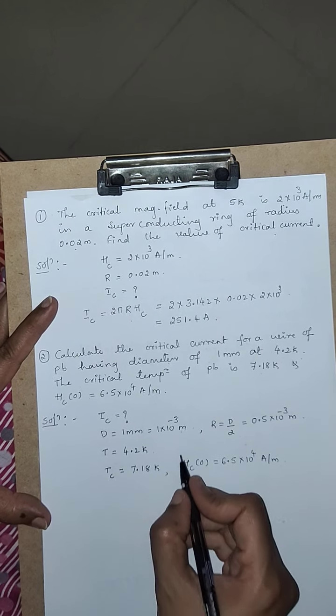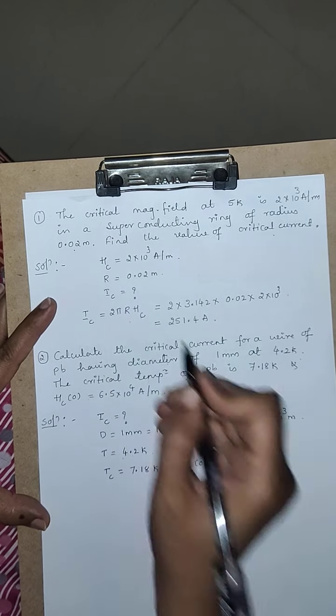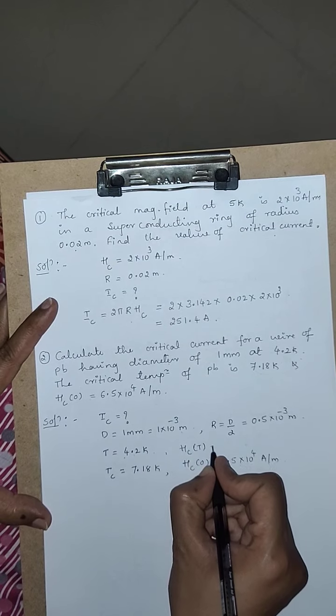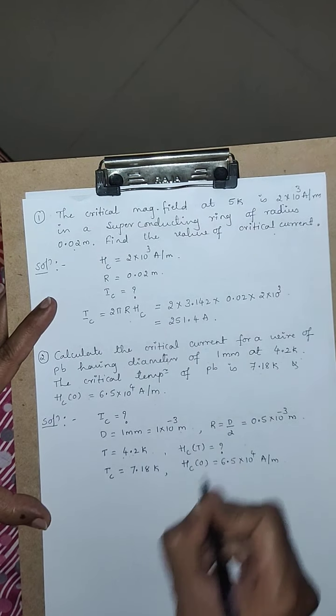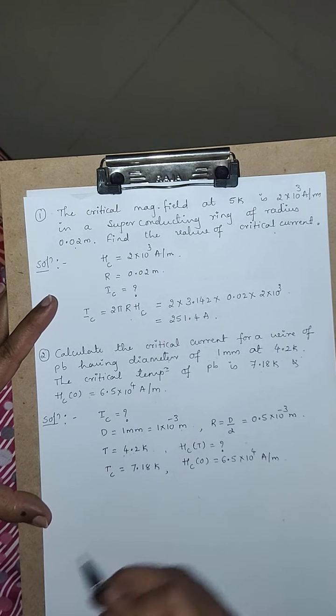But the critical field at this temperature is not given, which is required for this formula. So what we do is we will try to find out Hc at the temperature 4.2 Kelvin. This is the previous equation which we have already dealt.